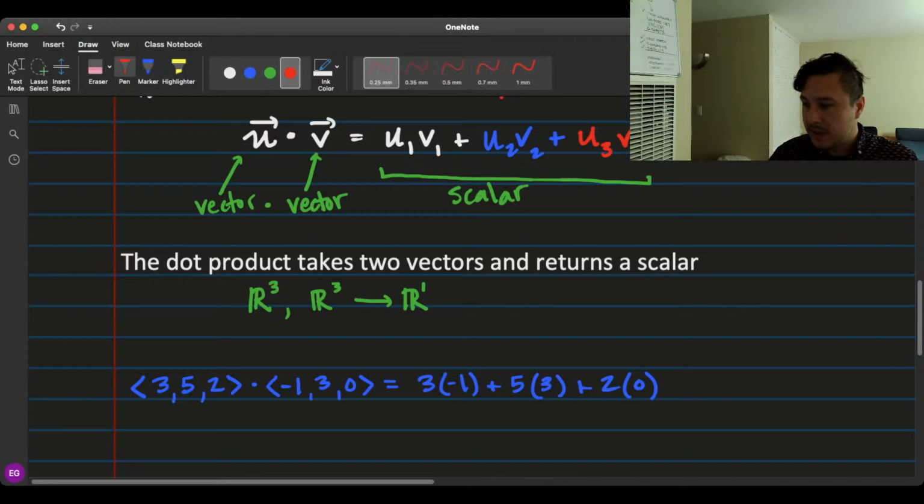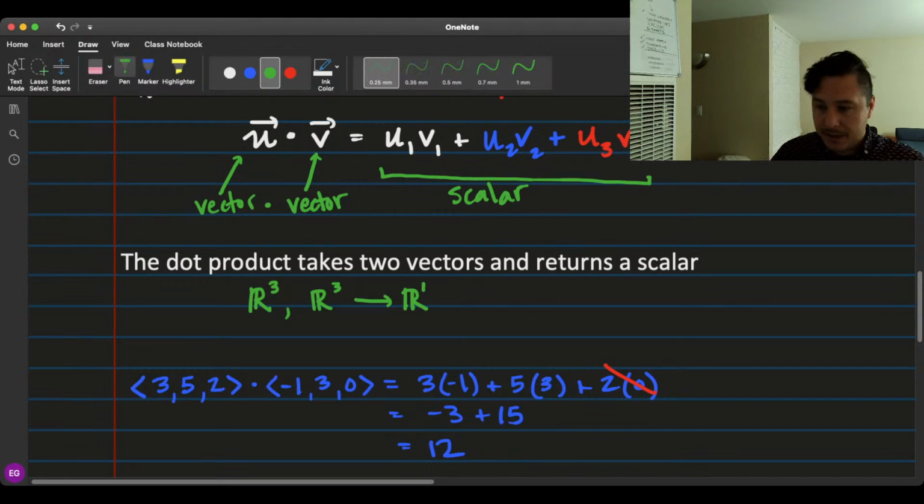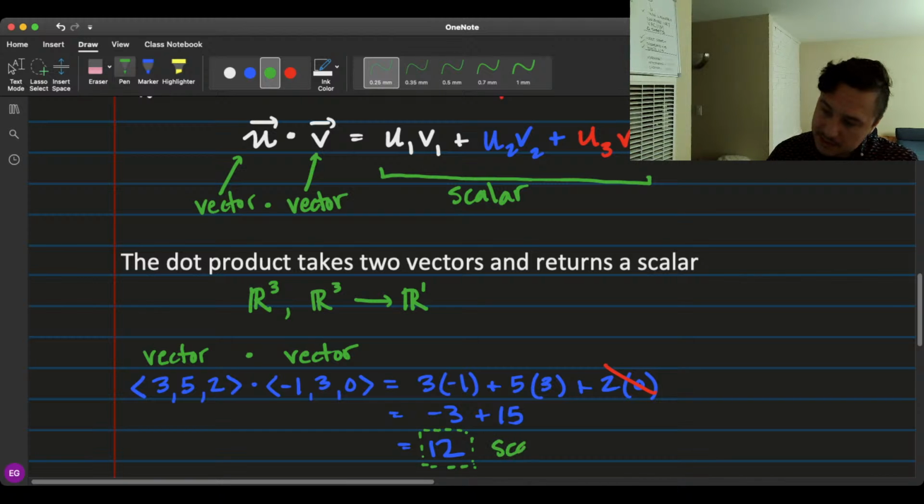Now, 2 times 0 is just 0. You're going to get -3 plus 15 gives you 12. Notice, like what I was saying, you started with a vector, dotted with a vector. What did you end up with at the end? 12, which is a scalar.